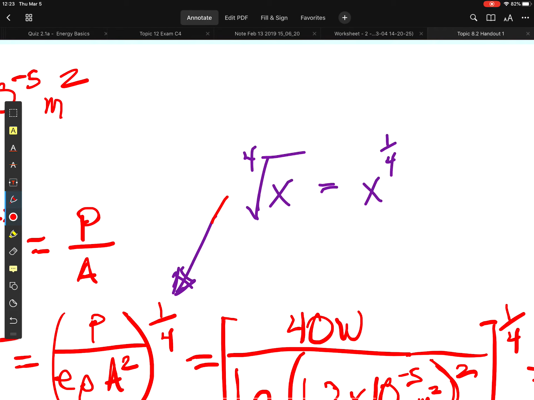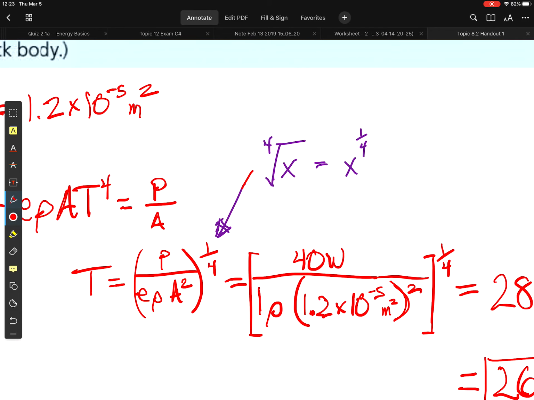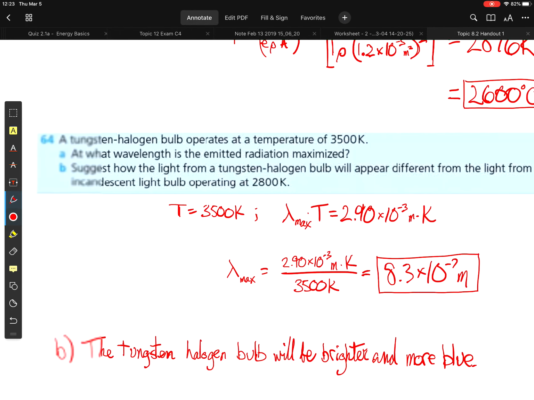Note here that you may find that a fourth root is easier to enter as an exponent. I usually use exponents rather than square roots or third or fourth or fifth roots, just because it's easier, it's faster. But use your calculator as you like.